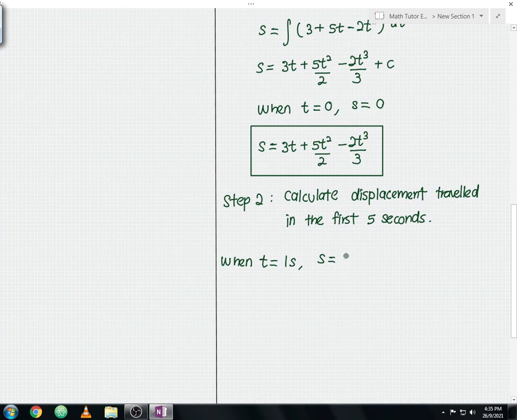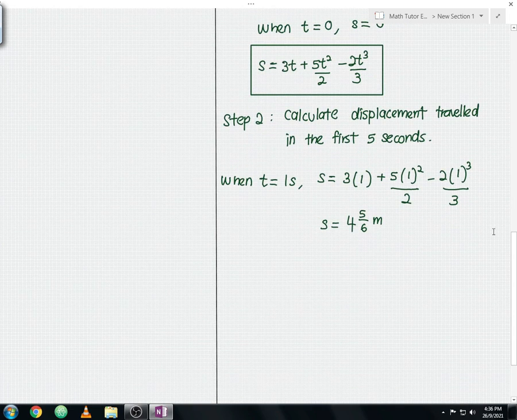So from here, 3 times 1, plus 5 times 1 square over 2, minus 2 times 1 cube over 3. So you calculate this, you should get your displacement is equal to 5 over 6 meter. Okay, so this is for t is equal to 1 second.